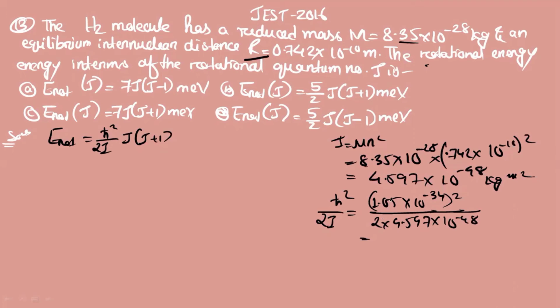So this is giving you 1.05, its whole square will be 1.1025, divided by, when you multiply these two terms, 9.194, and 10 to the power minus 48. So you will get 10 to the power minus 20 when you divide these two.